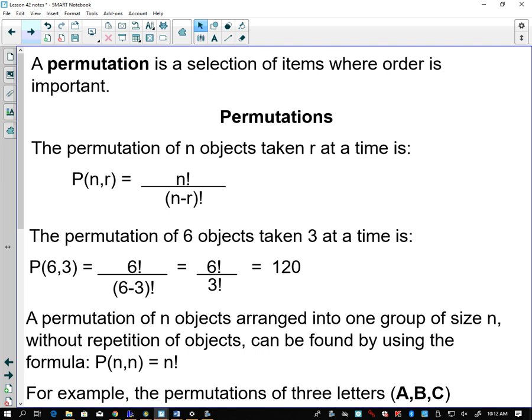A permutation is a selection of items where order is important. Your calculator will also do permutations, just so you're aware. The permutations of n objects taken r at a time is given like this. Let's say we had 15 items and we were taking 2 at a time.